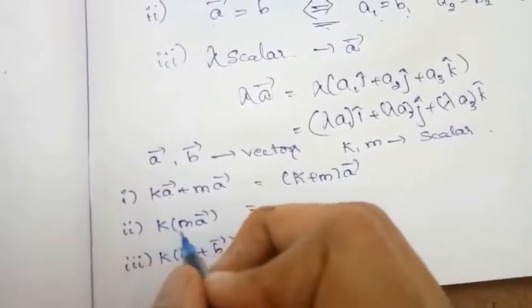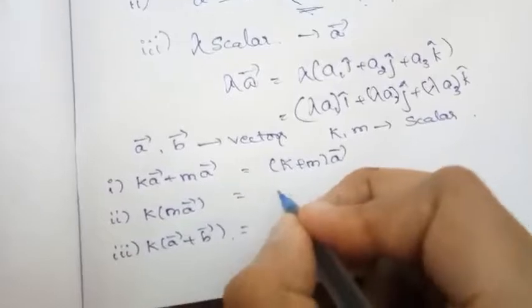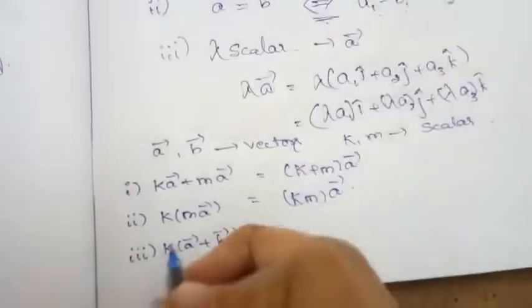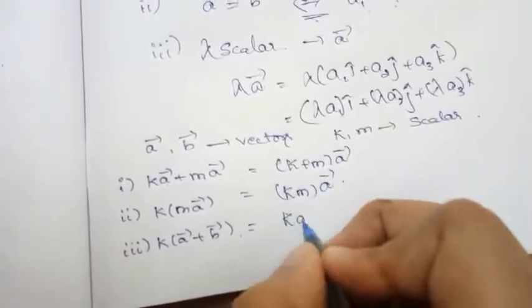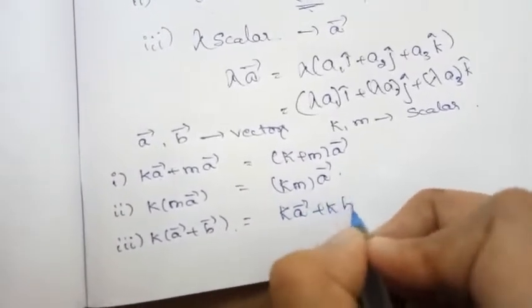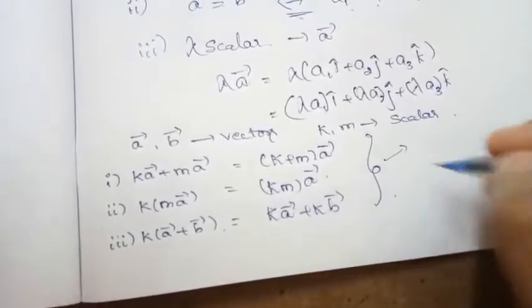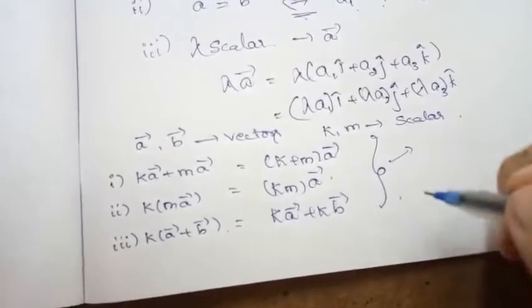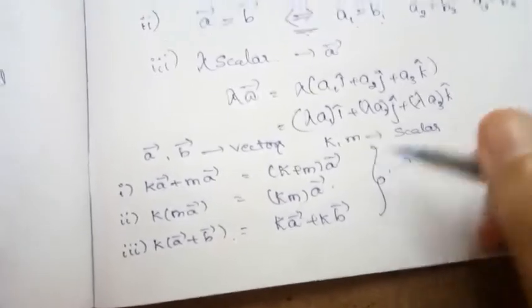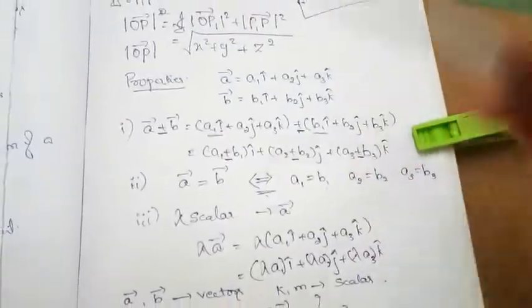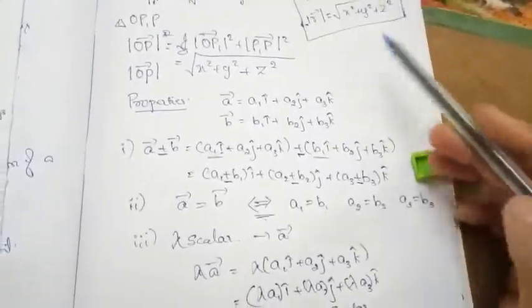Also k multiplied to m into vector A is equal to k m vector A. And this is also equal to k into vector A plus k into vector B. So these are some of the distributive properties explained along with the multiplication of a scalar to a vector. So these are some of the properties which we have studied under the component of a vector.